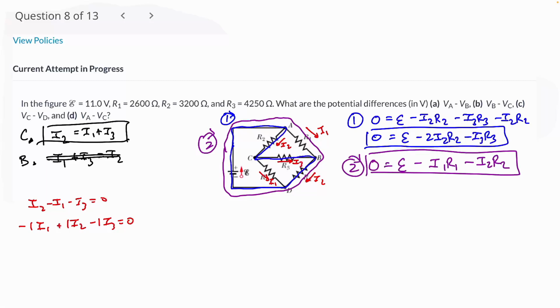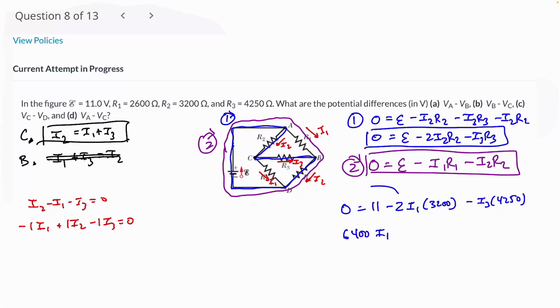In my problem, I've got 11 volts. And then I've got some numbers here, right? So this is minus 2 I2 minus 3200 I2 minus I3 times 4250. So what does this look like? This looks like 6400 I1.